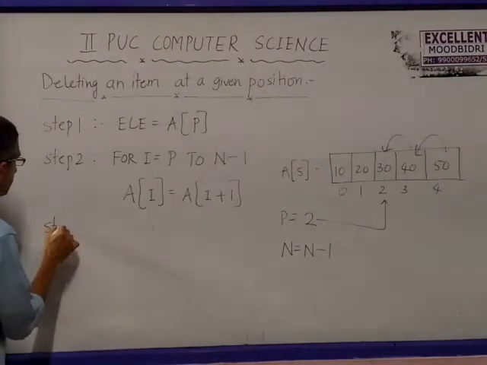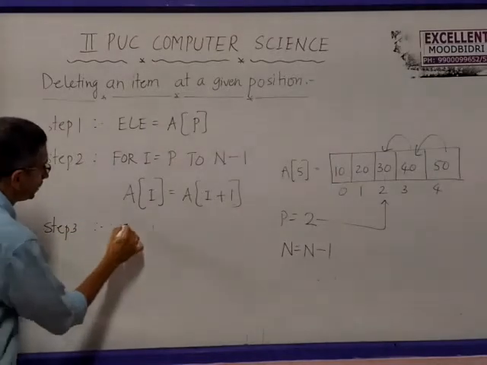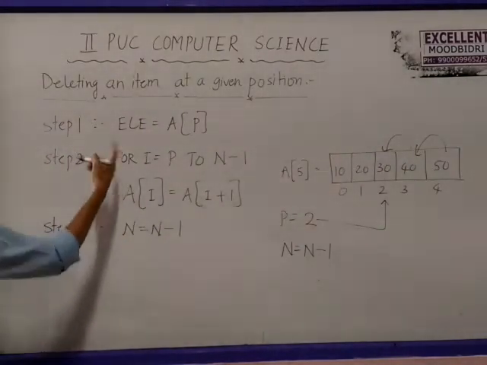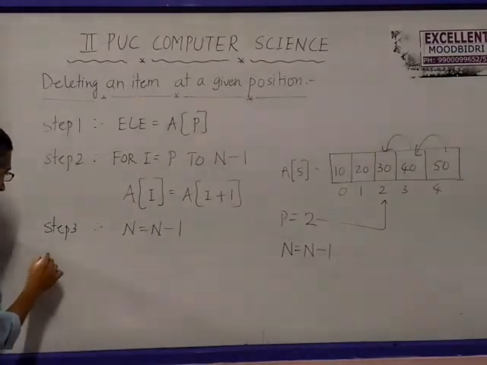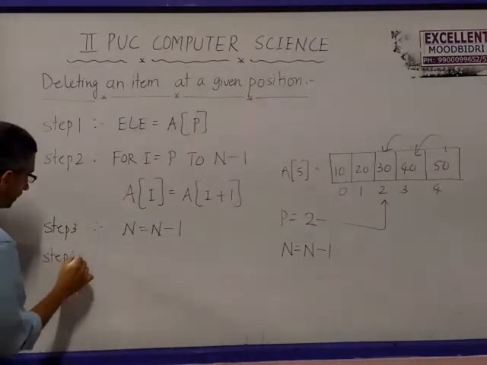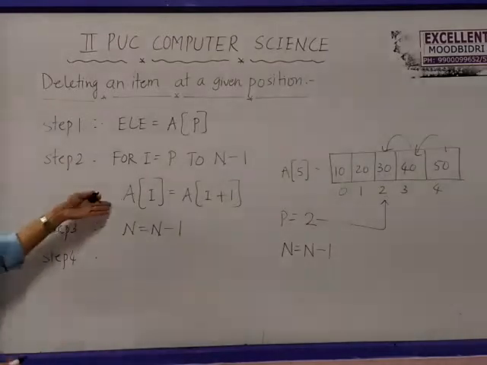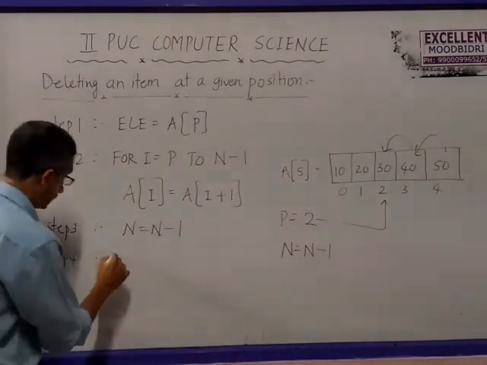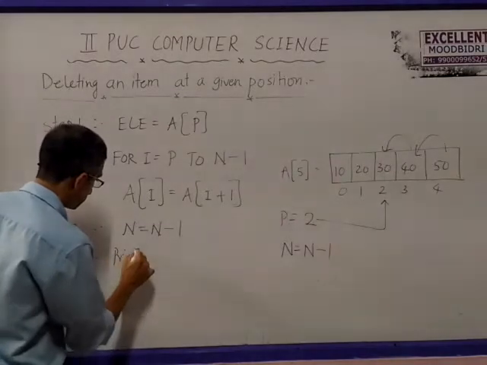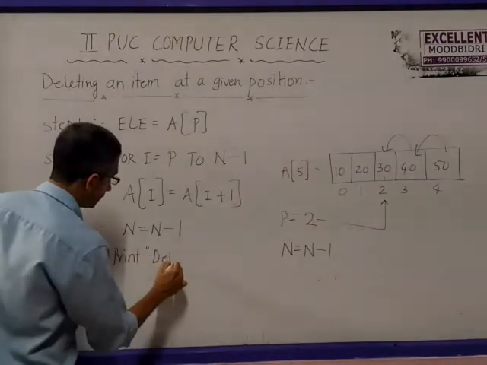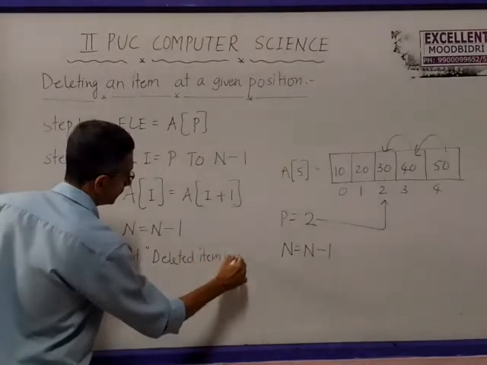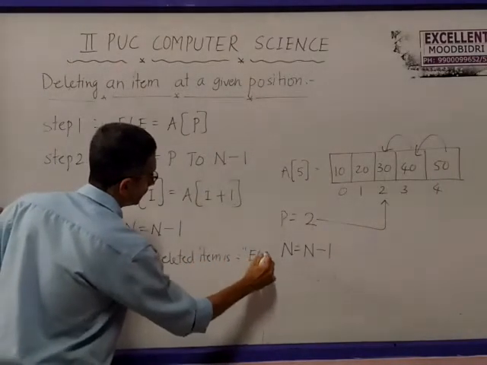Next, step 3. When you shift, naturally n is equal to n minus 1. The item getting deleted, you can display also in step 4. Anywhere you can display, even here also you can display that. Print deleted item is element.